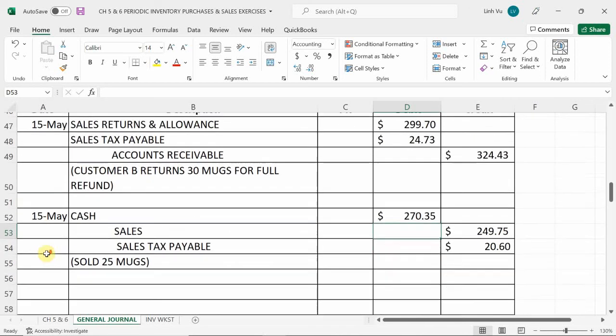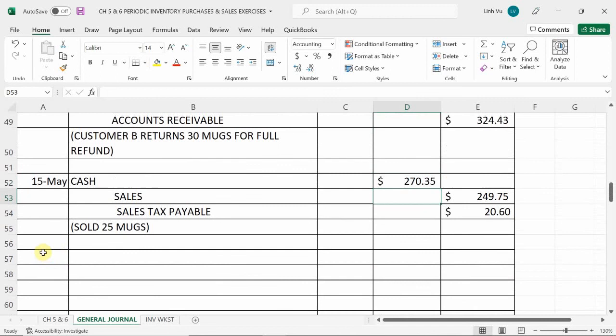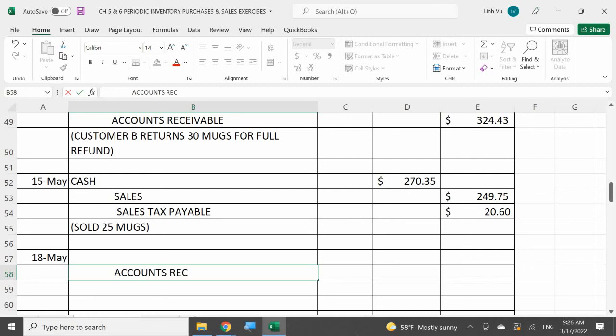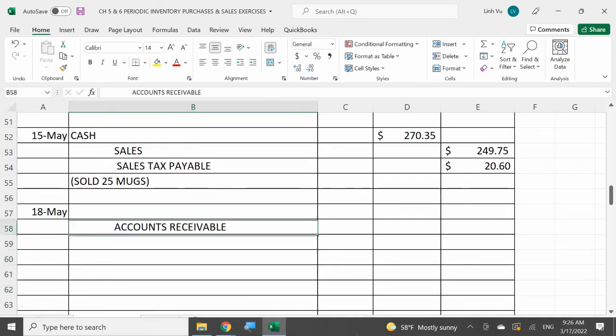So how do I record a payment received from customer A? Accounts receivable, okay. You're going to reduce the amount that customer A owes me. And what did I receive from customer A? How did customer A pay me? Cash. They paid me with cash.